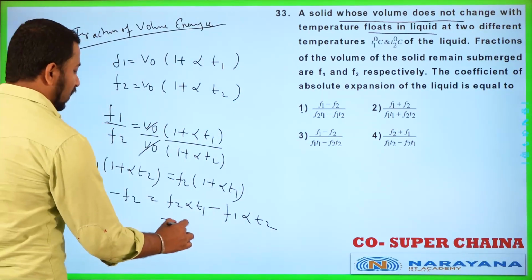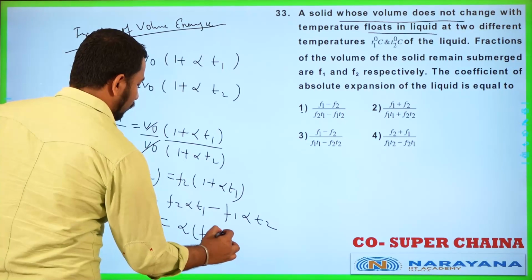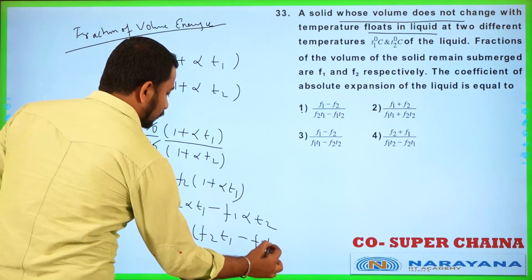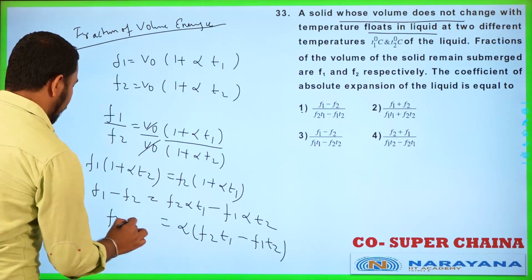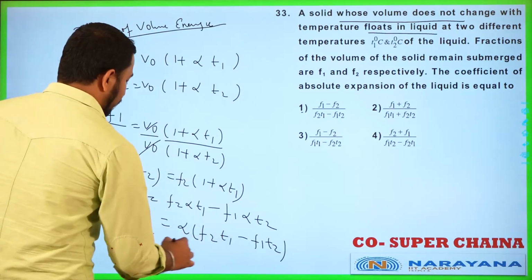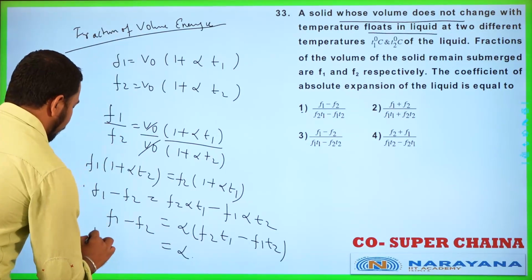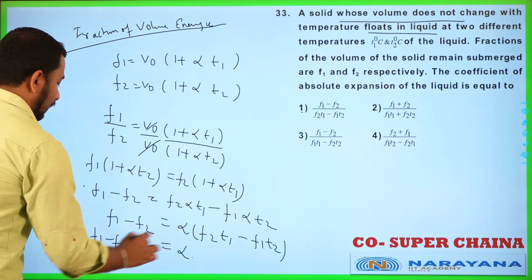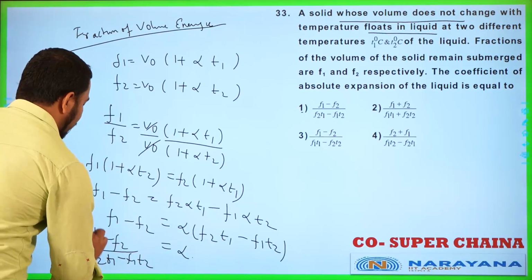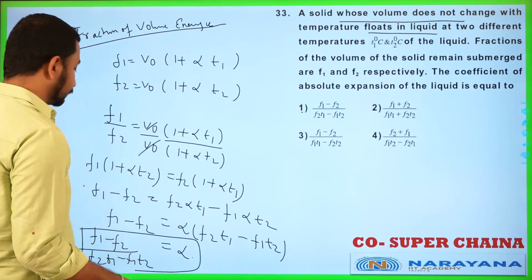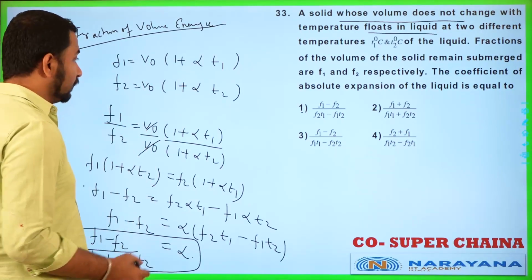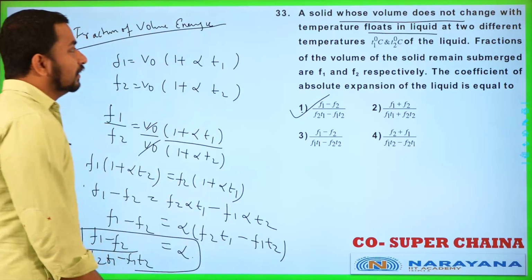Taking alpha common, it will be F2 T1 minus F1 T2, and this side is F1 minus F2. So what will be alpha, students? Alpha will be (F1 minus F2) by (F2 T1 minus F1 T2), and that is the answer of this question. Check from the options, this is the correct answer.